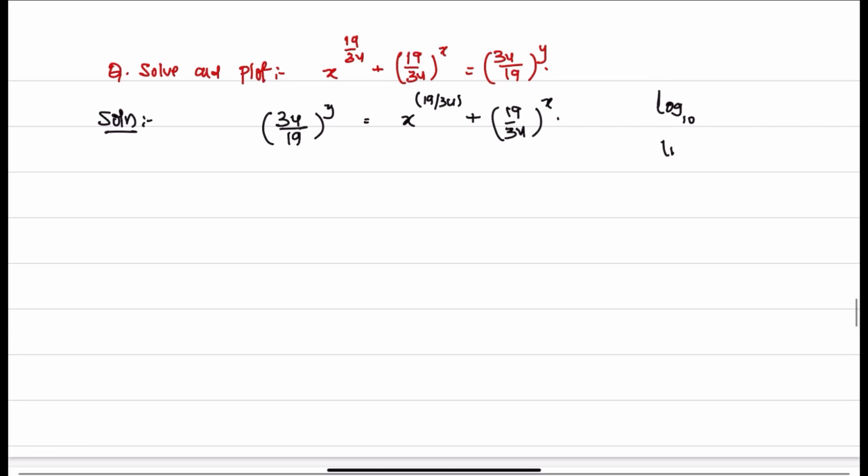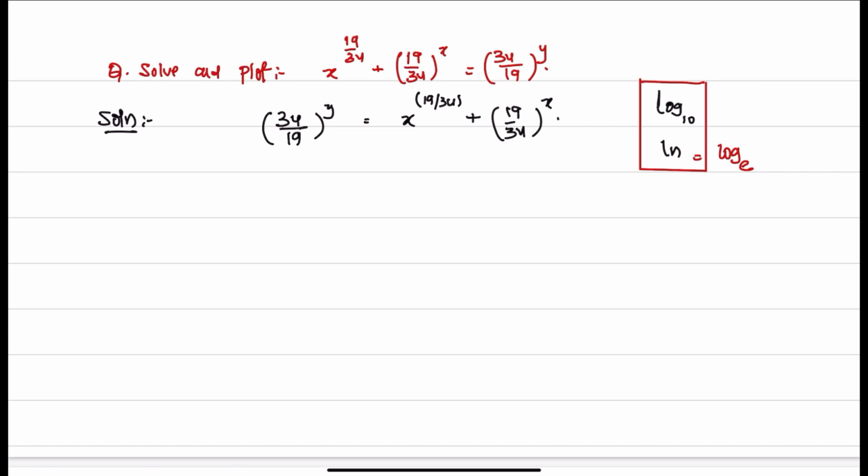If it is a natural logarithm, it will be written like this. Please remember the difference between logarithm to the base 10 and logarithm to the base e. Ln is log to the base e. We will use natural logarithm here.